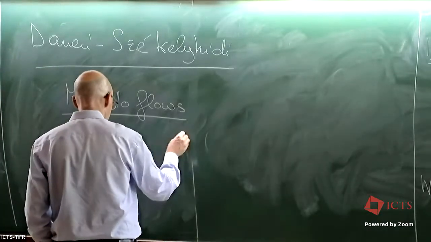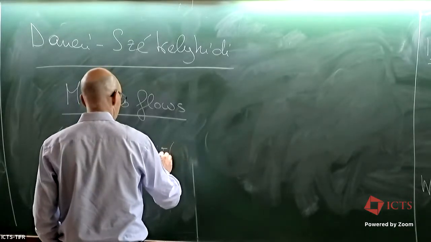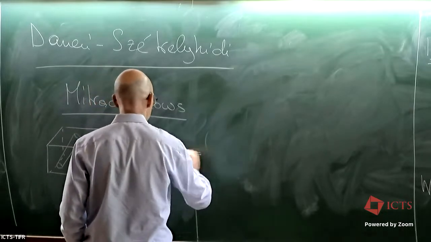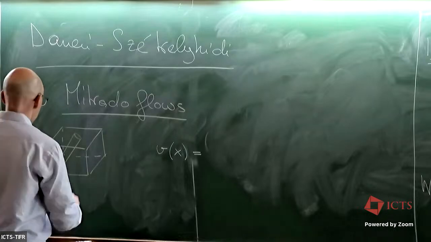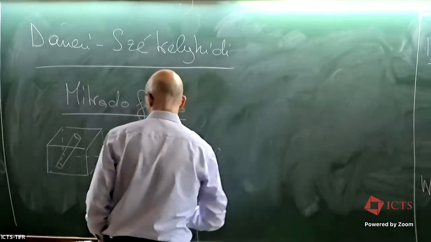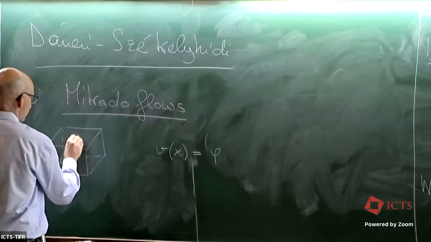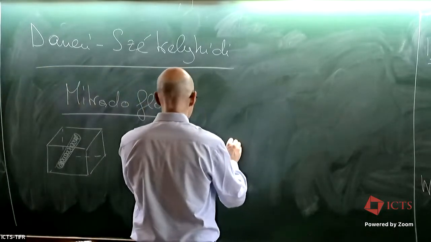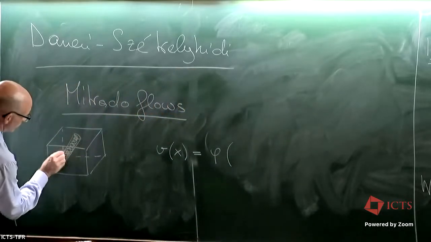So there's a certain V of X. So this is going to be a cutoff function, say phi, which is going to make my flow compactly supported over here. And it's a cutoff function which depends on the cross section of this cylinder.